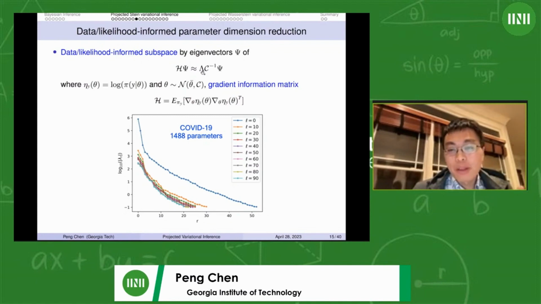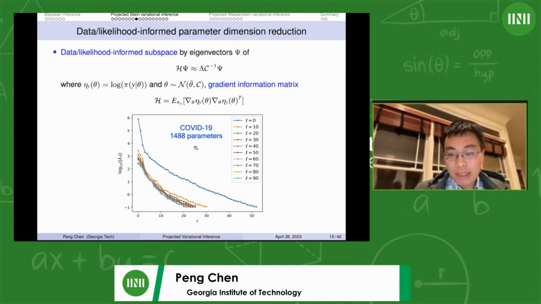The eigenvalues measure the relative sensitivity of the data and the prior information. Suppose that this eigenvalue is pretty big. That basically means the data plays an important role in that corresponding direction of the eigenvector. If the eigenvalue becomes much smaller, that basically means the data does not tell you much information from that direction represented by the eigenvector.